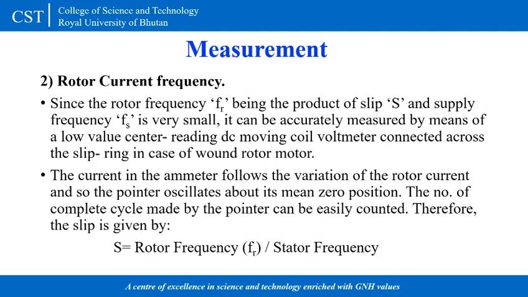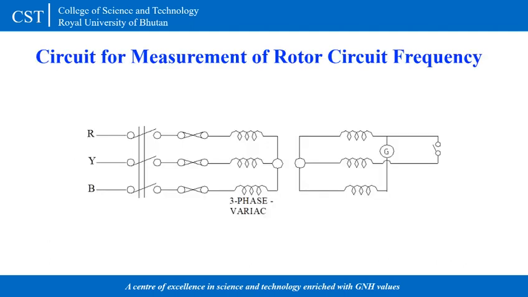As the formula is being provided at the very end, slip is equal to FR divided by stator frequency. When we get FR and FS, then we can simply calculate the value of slip. This is the circuit diagram for the measurement using rotor circuit frequency method. It is clearly reflected, and you all can go through it.